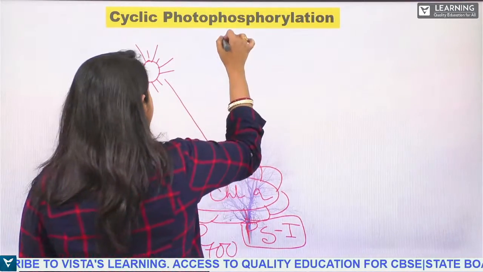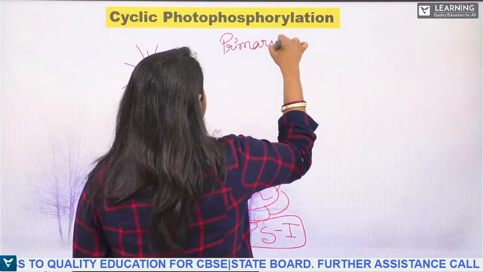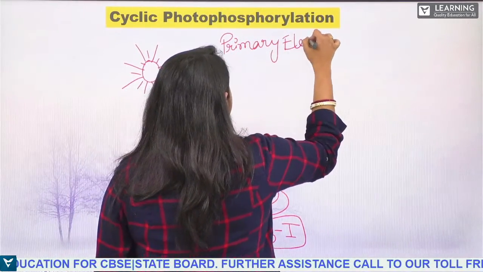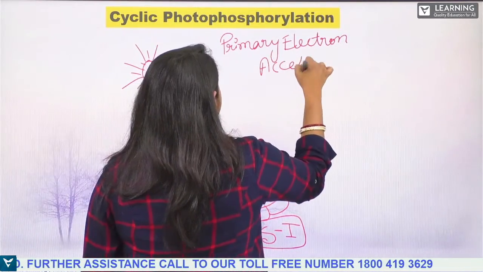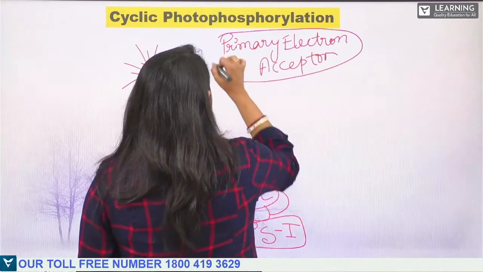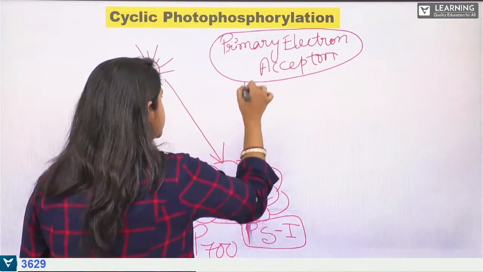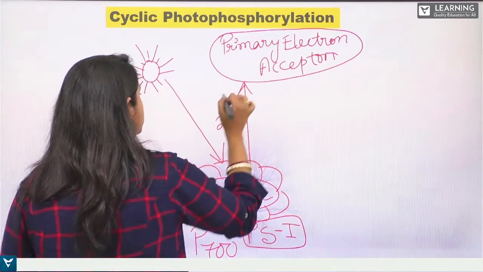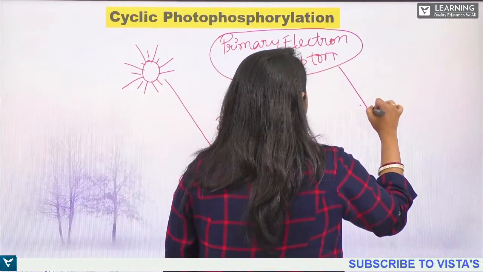Now it will be accepted by the primary electron acceptor. Here the electrons are getting excited. Now what happens through the electron transport channel?